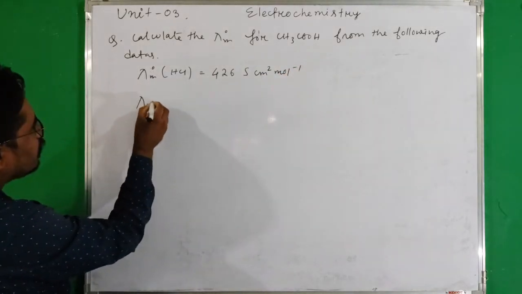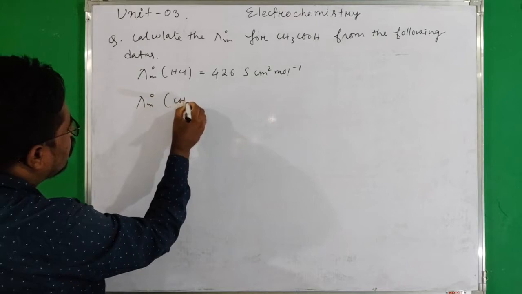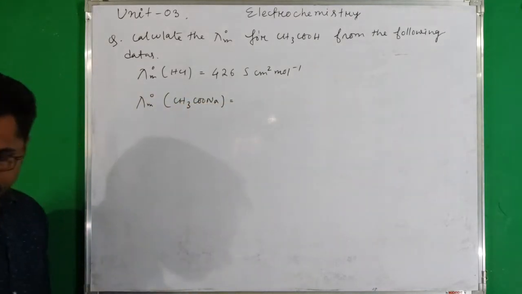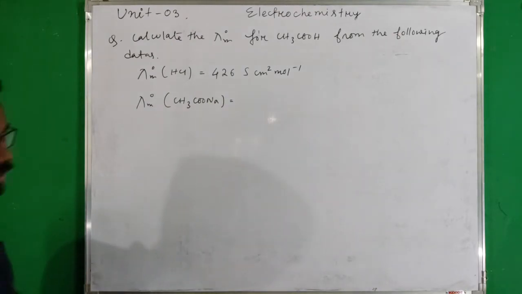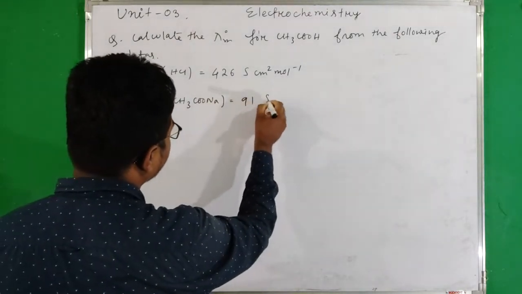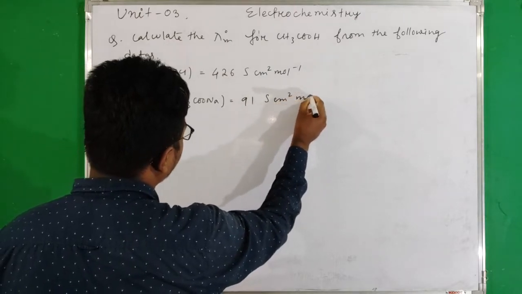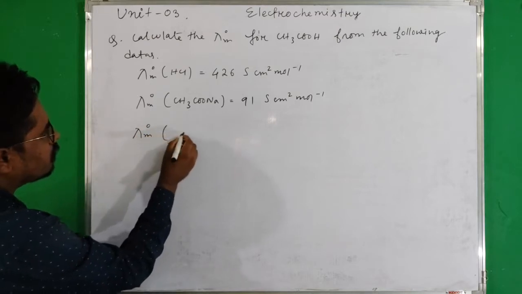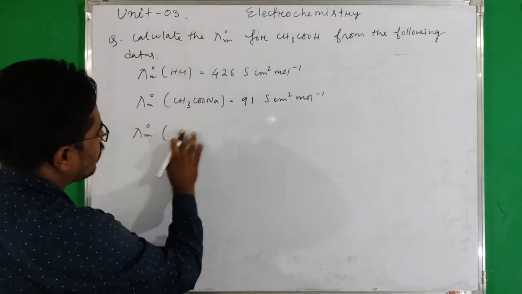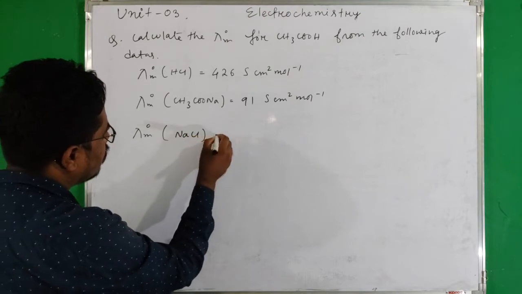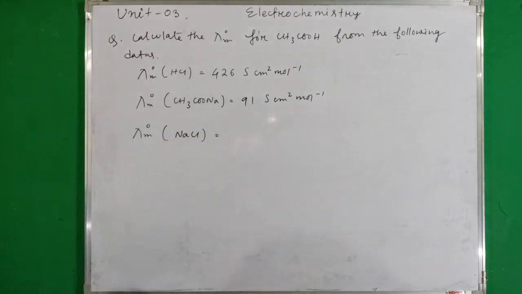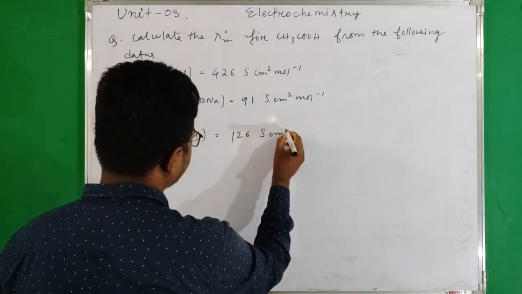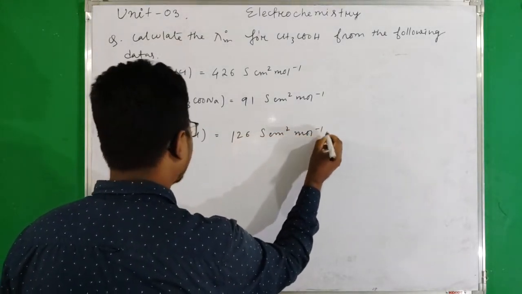Lambda m naught for sodium acetate is 91 Siemens centimeter square per mole, and lambda m naught for sodium chloride is 126 Siemens centimeter square per mole.